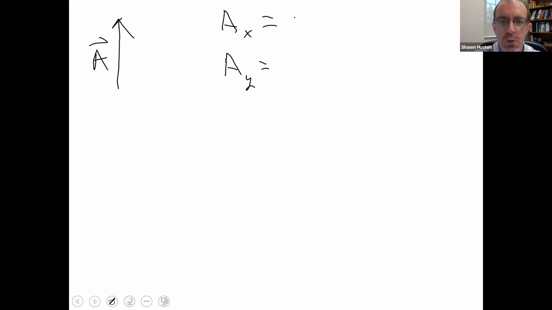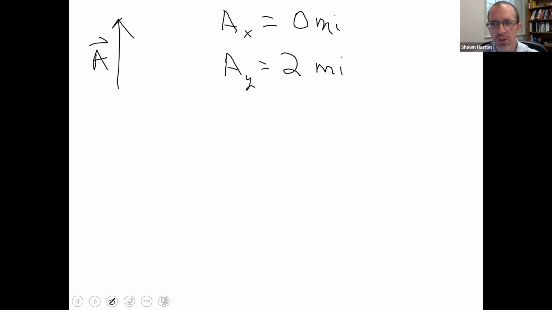Well, if it's 2 miles due north, then there is no X direction for A. A sub X, the X component of A, is just 0. The Y component of A is 2 miles. That's great. All right. So done with that.